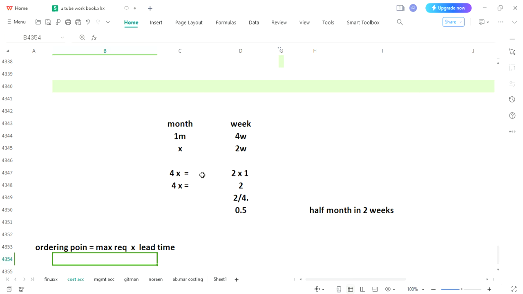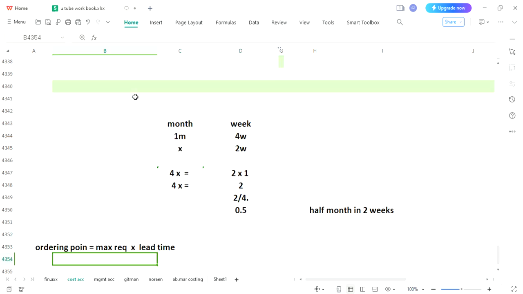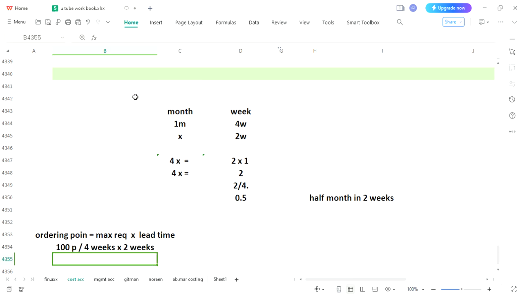The maximum requirement in our question was 100 pieces per 4 weeks. We can write the same over here: 100 pieces per 4 weeks, and the lead time was 2 weeks. Second thing is we can change both into weeks. 100 pieces are present for 4 weeks.